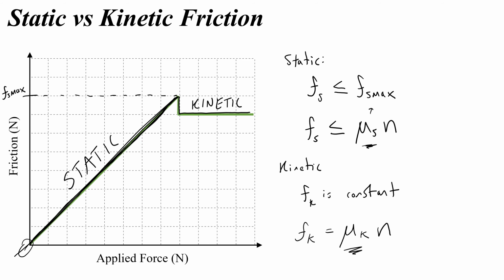And for static friction, if you know what mu s is, then you don't necessarily know what the force of static friction is, but you know what the maximum value will be. And so sometimes you have to judge whether an object is going to begin to slide. Because if you know what mu s is, then you can find the maximum static friction, and maybe there's a situation where there's more force than that static friction, and you know the object would begin to move.